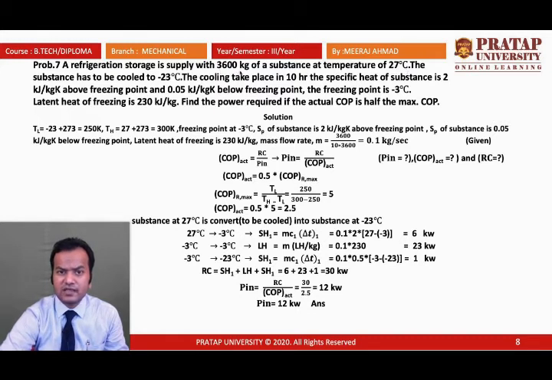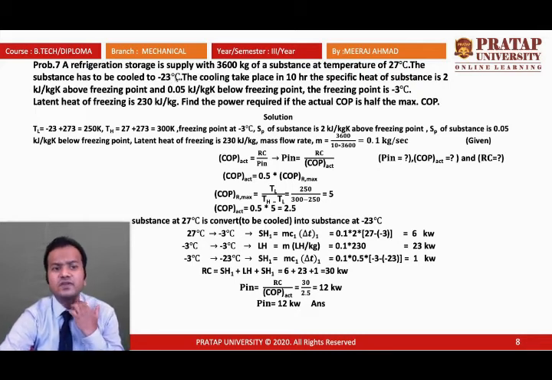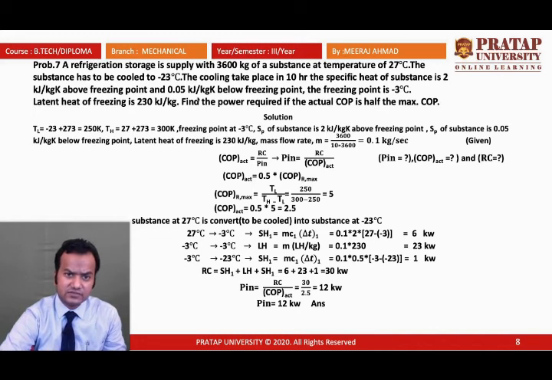The substance supply is 36 kg. The higher temperature of the refrigeration is given as 27, and the substance has to be cooled to minus 23 degrees Celsius.